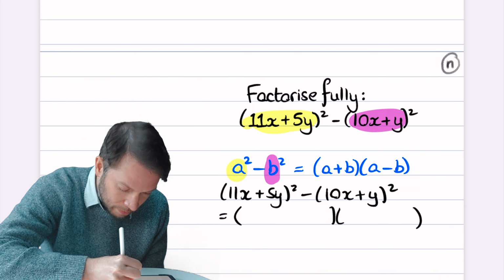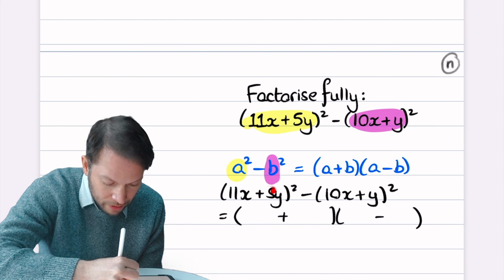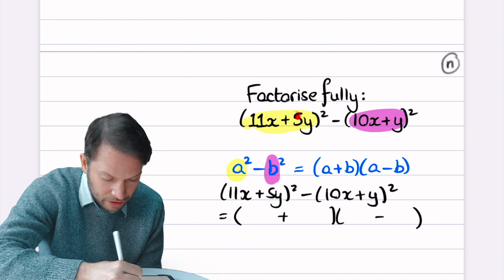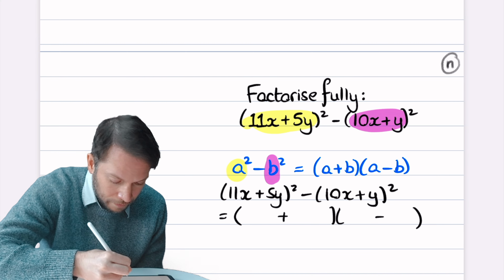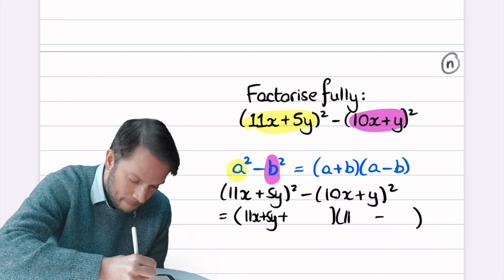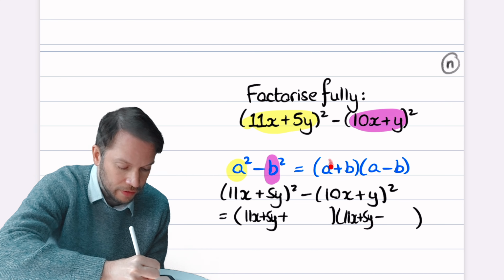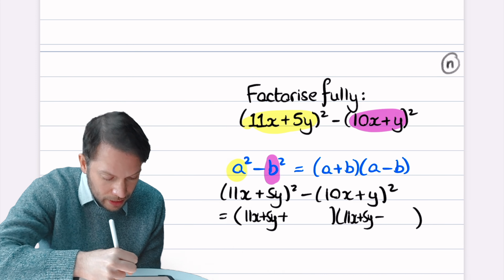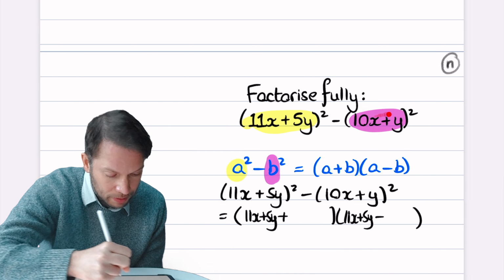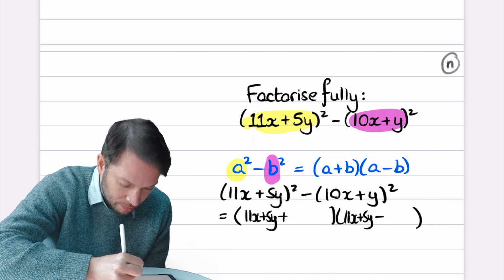And then as we said, we're making the 11x plus 5y the a, so we make that the first thing of each bracket, just as we made the a the first thing of each bracket here. And then the b, we made the 10x plus y, so that's the second thing in each bracket. So let's do that. We're going to have the 10x plus y here.